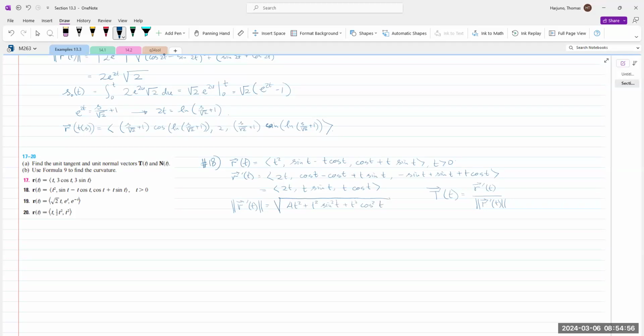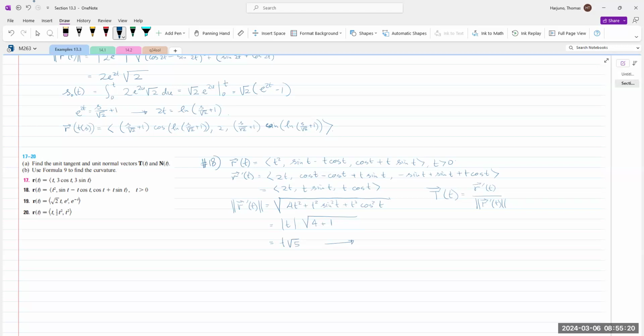If I factor the t squared out, I'll get the square root of 4 plus sine squared plus cosine squared, which is 1. Because t is positive, I can safely omit the absolute sign. So I get t square root of 5.